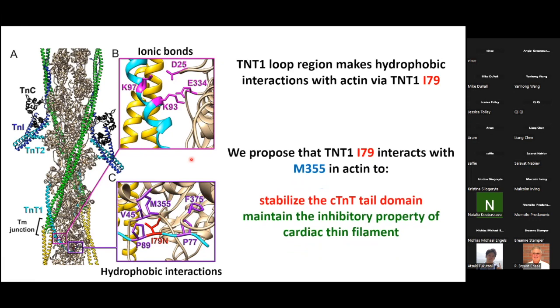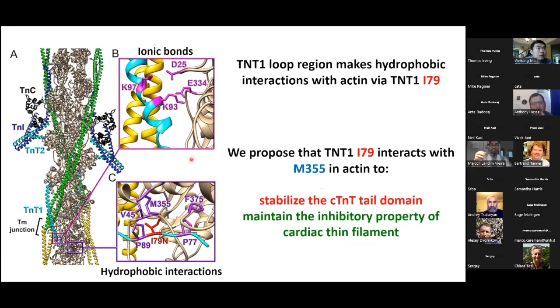So we propose that the TNT1 I79 interaction with methionine 355 in actin stabilizes the cardiac tail domain and maintains the inhibitory property of the cardiac thin filament.